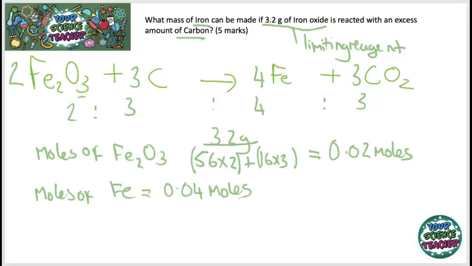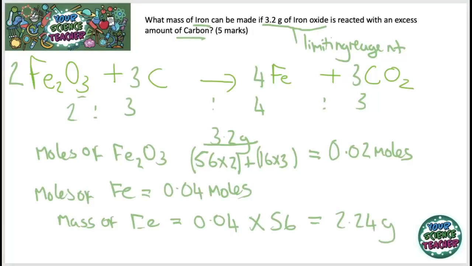Now to work out my mass of iron that I will make from my reaction, I times this 0.04 by the relative atomic mass of iron, which is 56, and I will get my answer, which is 2.24 grams.